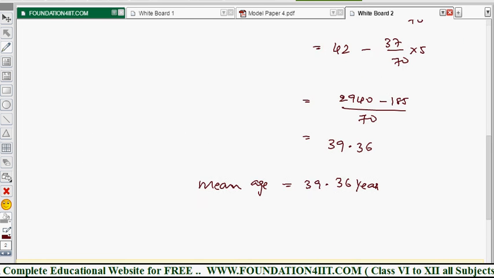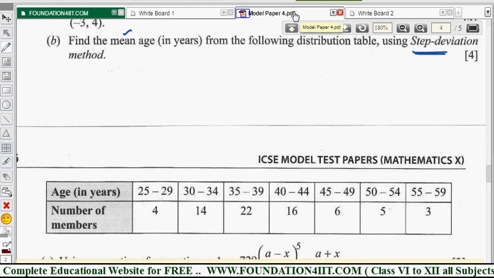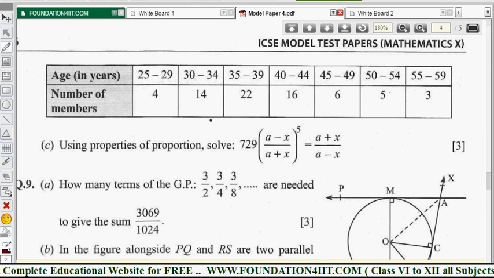Now let us see the next problem. When you see this next question, we are using properties of proportion.